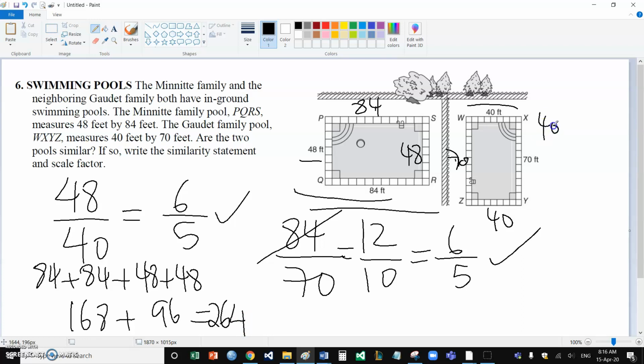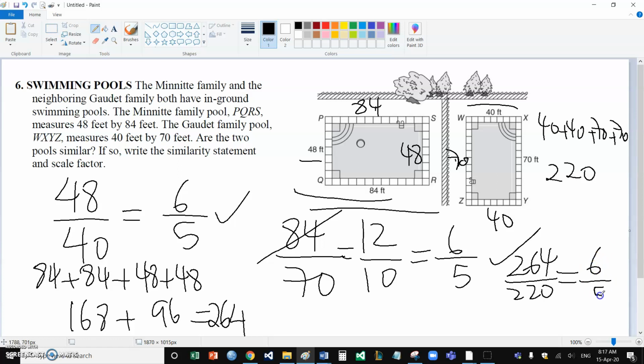It's 40 plus 40 plus 70 plus 70. 140 and 80 is 220. Okay, let's divide 264 by 220. And I think if we do that, we're going to get 6 over 5 for sure. Try that.